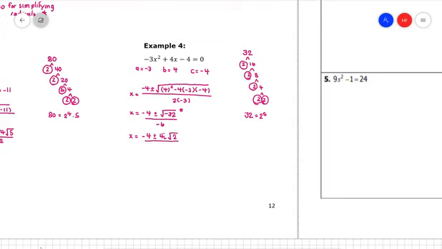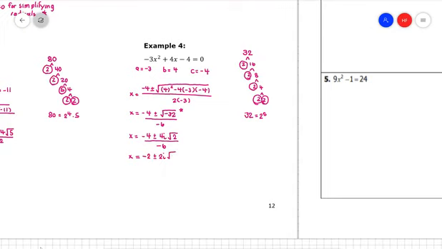And then underneath we still have a negative 6. So I have 4, 4, and 6, so the greatest thing that I can divide them all by to simplify is a 2. So I'm going to reduce this entire thing by 2. So x equals negative 2 plus or minus 2i.